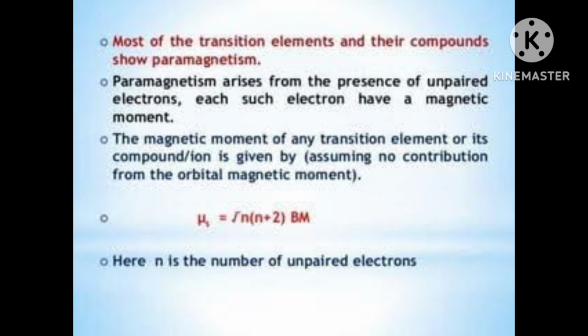And what is that formula? Mu is the magnetic moment. How will you calculate mu? Mu is equal to the square root of n times the bracket n plus 2, where n is the number of unpaired electrons and mu is the magnetic moment.